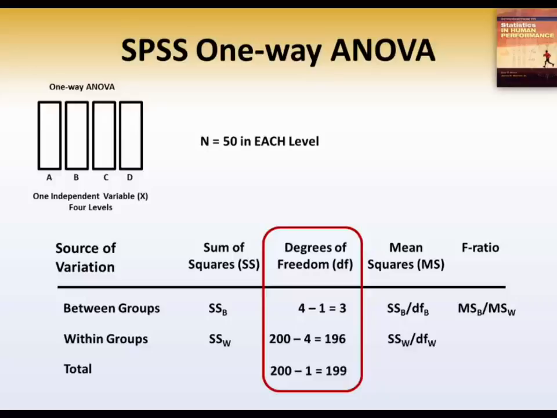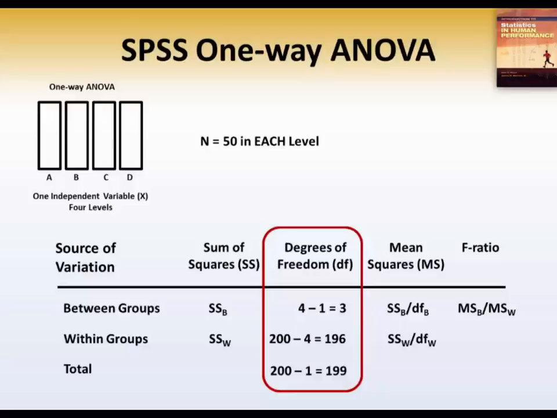And then the total degrees of freedom is the total n, 200 minus 1, is 199. Notice that the degrees of freedom for between groups and the degrees of freedom for within groups add up to the total degrees of freedom. We are partitioning the degrees of freedom just like we're partitioning the variance.